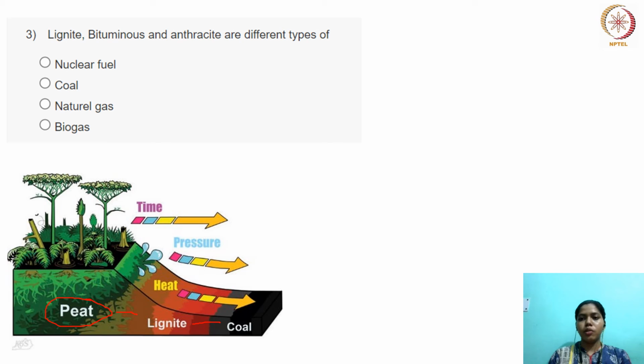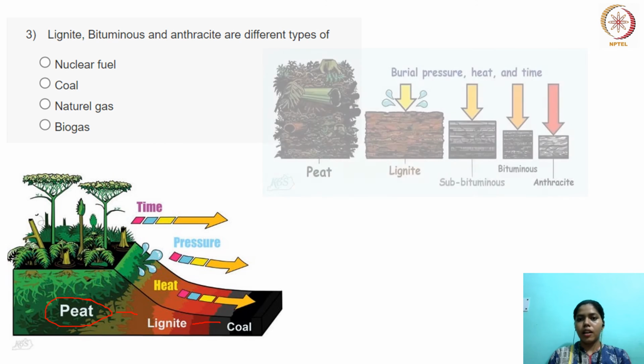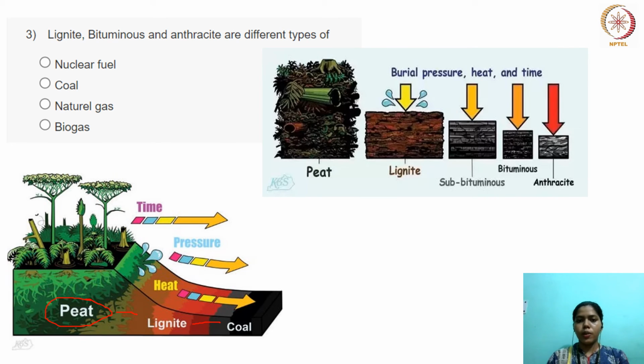Let's take a view at another image shown here. In the starting we have peat, which is due to the decomposition of leaves or plants. Then due to pressure it gets converted into lignite, and with further application of heat over time it gets converted into subbituminous, bituminous and anthracite.